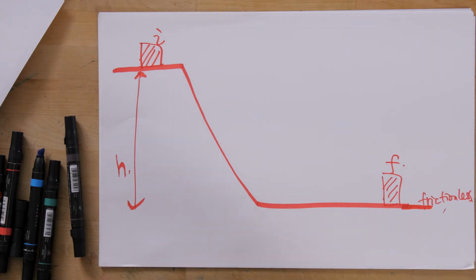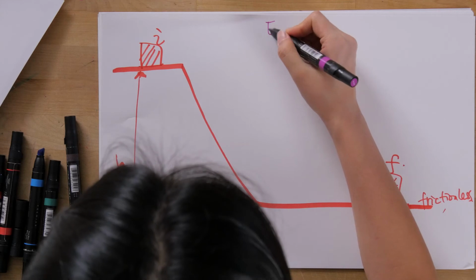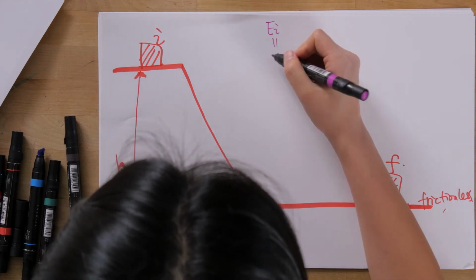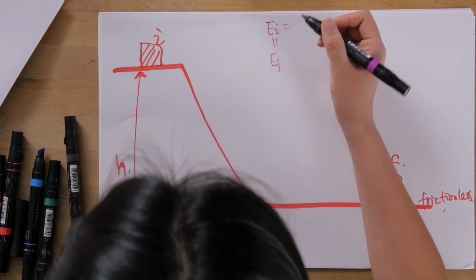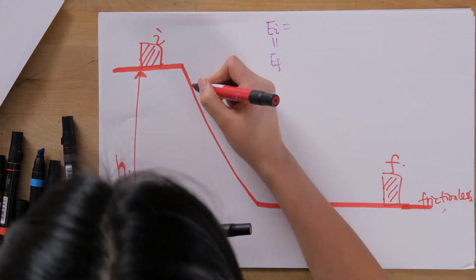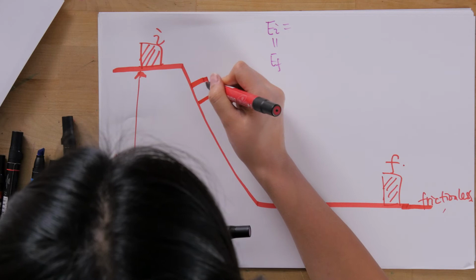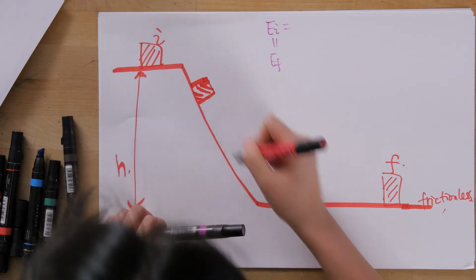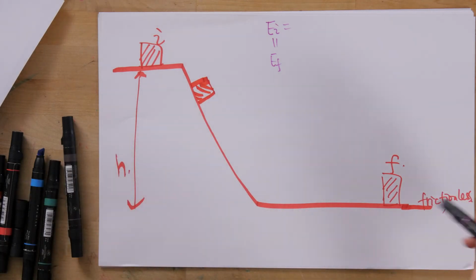Now we have energy conservation, EI equals EF. This object is just gonna slide down, and there is no friction, so there is no energy loss.